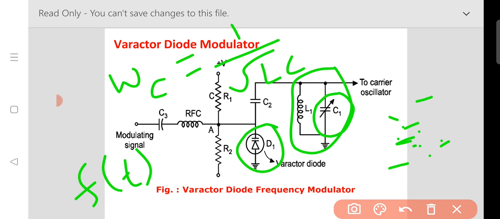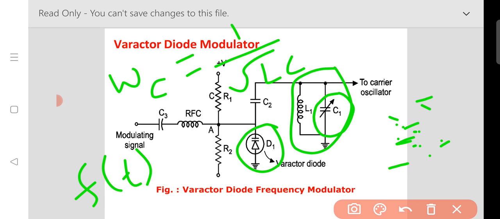Don't get confused. I'll tell you again: the output of the voltage control oscillator is varied according to the variable capacitor, which is done because of the modulating signal. The output of the voltage control oscillator varies with the modulating signal by shunting a voltage variable capacitor with its tuned circuit.